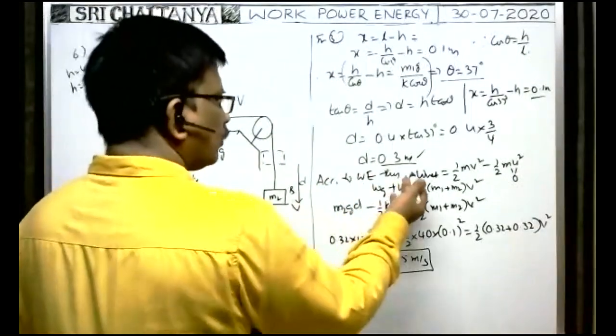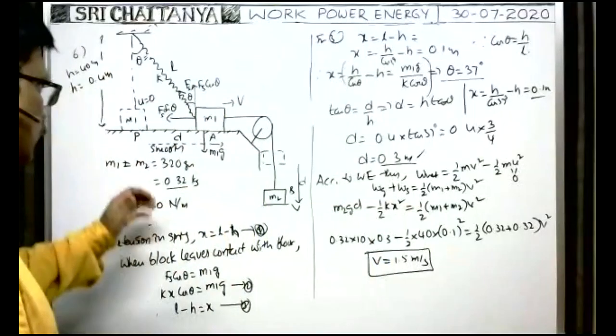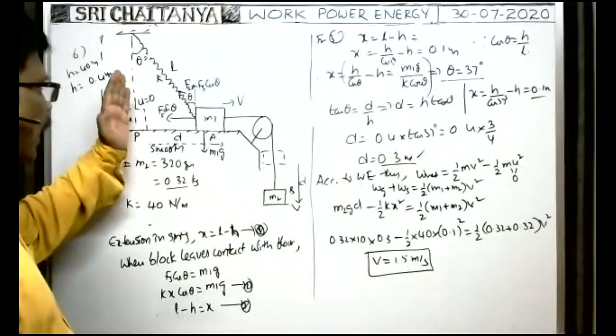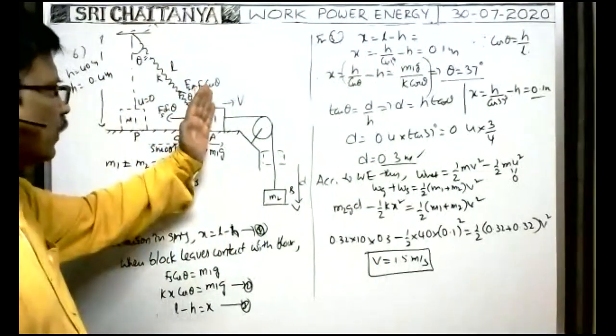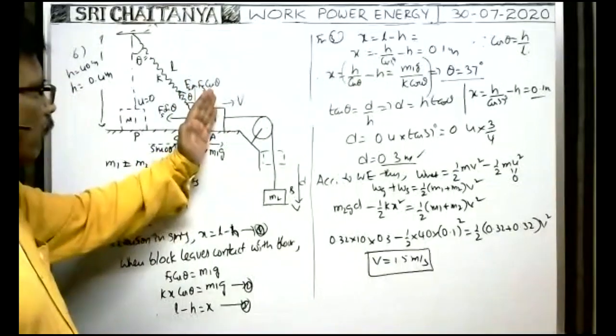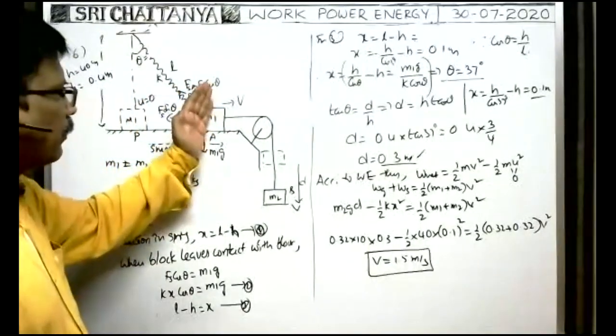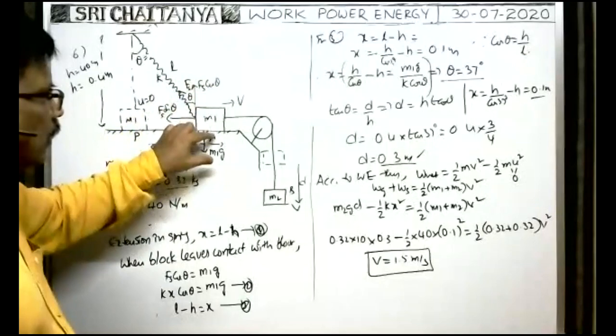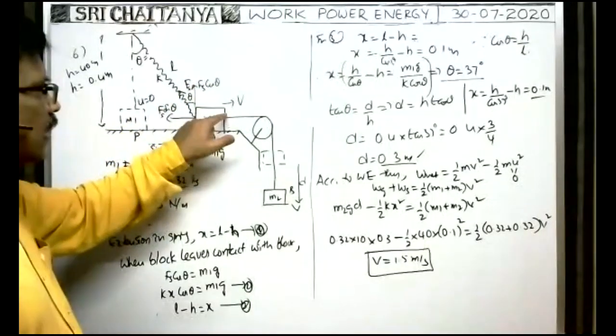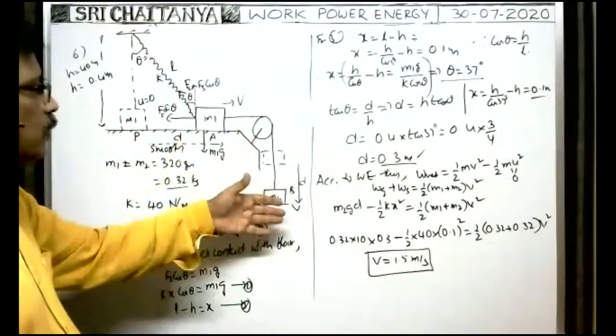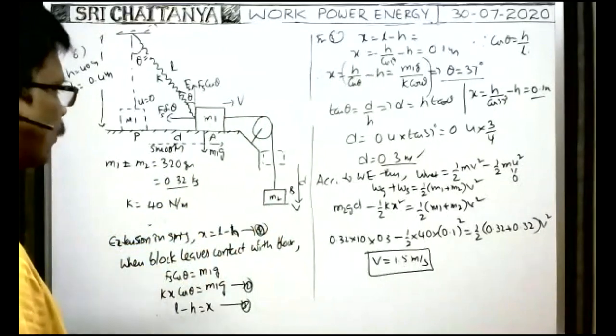Now, according to the work-energy theorem, whenever the block comes from this position to this position, at the moment whenever it leaves the contact with the floor, if the velocity of this block is v, the velocity of this block is also equal to v in downwards direction.